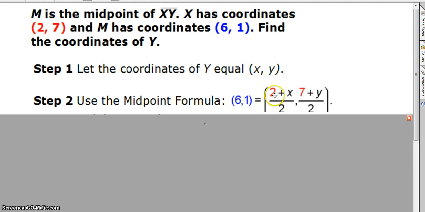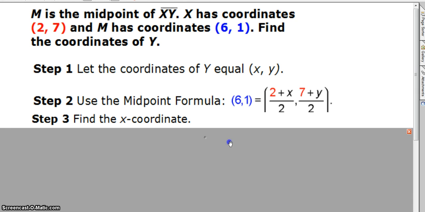So what would we add to 2 and then divide by 2? The entire sum would give us 6. Well, when we divide something by 2 and end up with 6, that sum must be 12, right? So what are we going to add to 2 to get to 12? You got it.